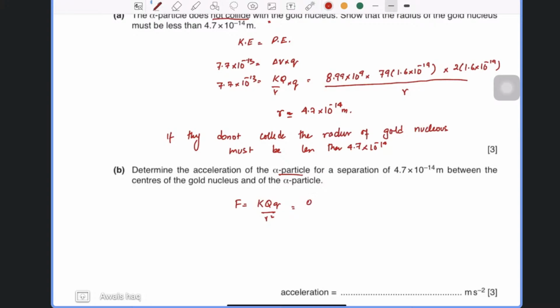So again, 8.99 times 10 raised to 9 times 79 times 1.6 times 10 raised to minus 19 times 2 times 1.6 times 10 raised to minus 19 divided by 4.7 times 10 raised to minus 14 whole squared. What do you get for the force, please?